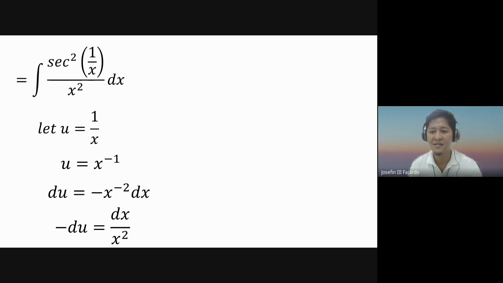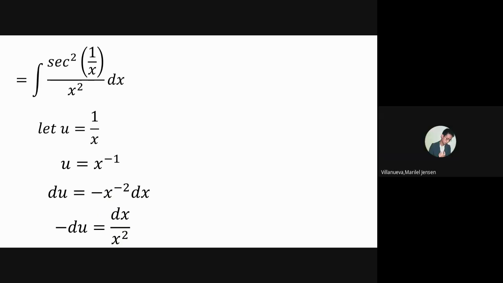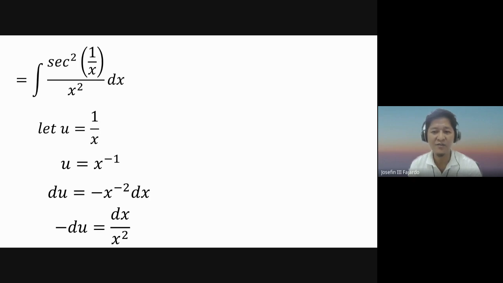Ikaw naman, Mr. Villanueva. Pag itong x squared natin sa denominator, nilagay natin sa taas, anong mangyayari? Mag-change po yung sign po niya. Kasi po gumamit po tayo ng exponent law po. I-change yung sign ng exponent.